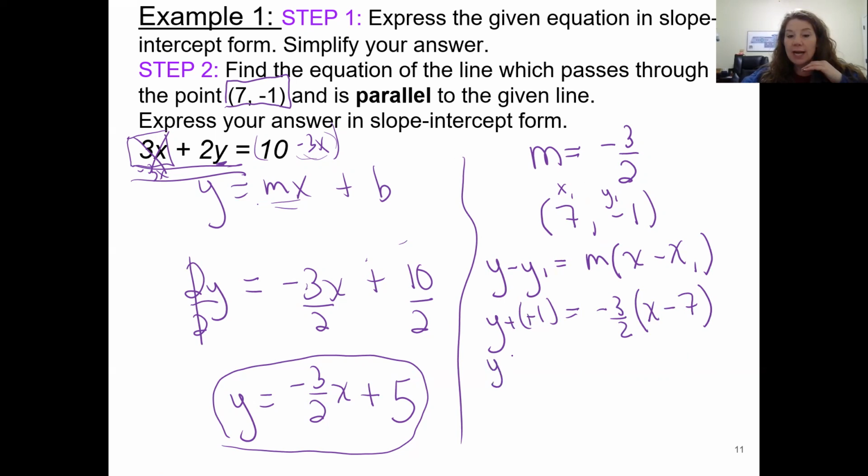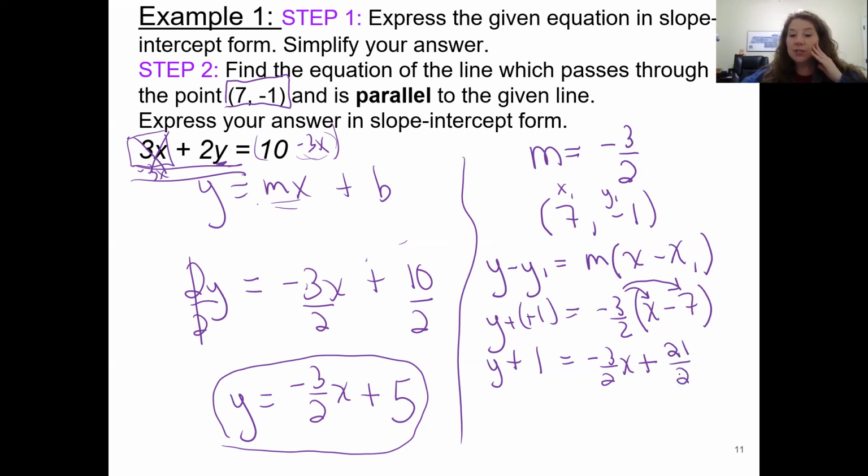So I'm going to write y plus 1 is equal to, now I'm going to use the distributive property. -3/2 times x is -3/2 x. And then negative times a negative is a positive, so plus 3 times 7 is 21/2, right?